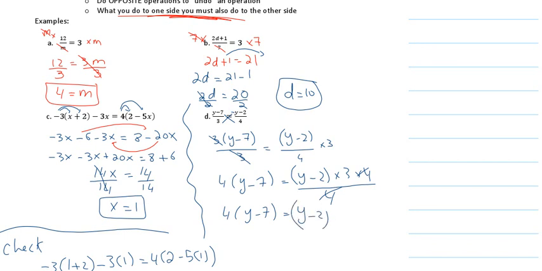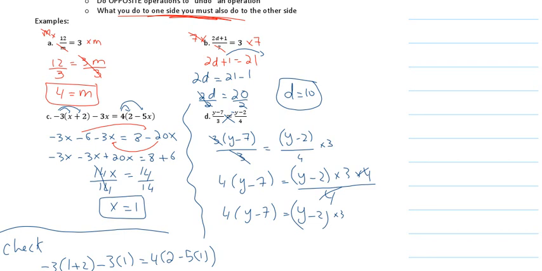So the easy way to do it is to cross multiply. That means multiply the 3 by the y minus 2, and multiply the 4 by the y minus 7. So instead of doing all these steps, I summed it up in one step.